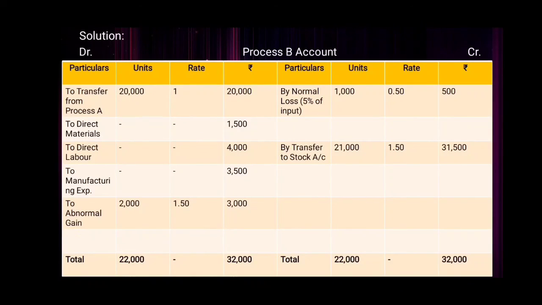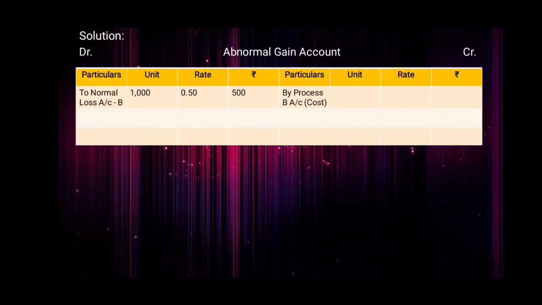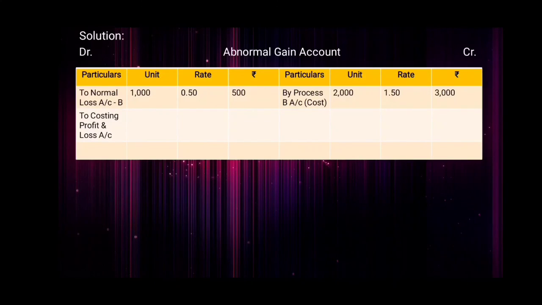Abnormal gain by process B account, 2000 units at the rate of 1.50. So the total amount being 3000. Now the balancing figure will be transferred to costing profit and loss account. So the amount will be 2500. Now let us take total of both the sides. So the amount is 3,000.